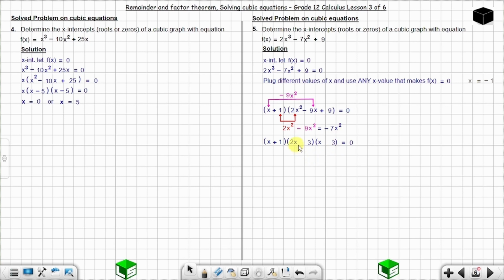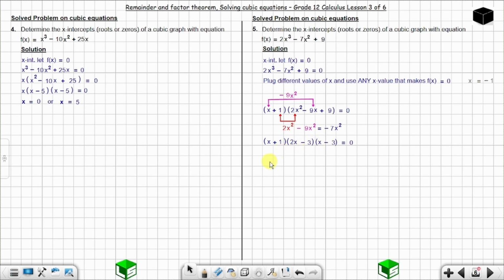This is 6x and this is 3x, so you have −6x and −3x. You must have negative signs so that you get this. You can even see the last term is positive, which means the signs inside the brackets are going to be the same, the same as negative.